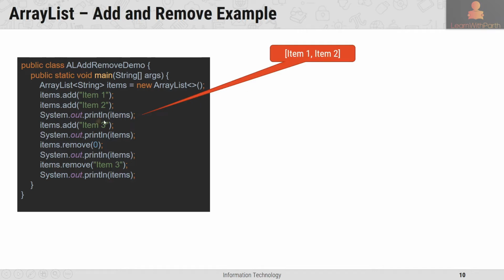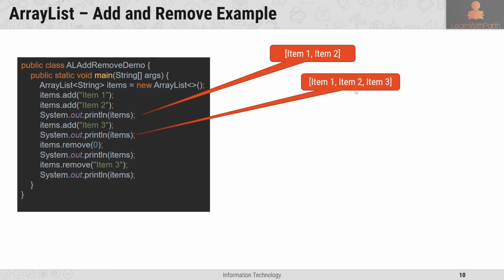Then if we add item 3 to the ArrayList and print it, we are going to have three items: item 1, item 2, and item 3.